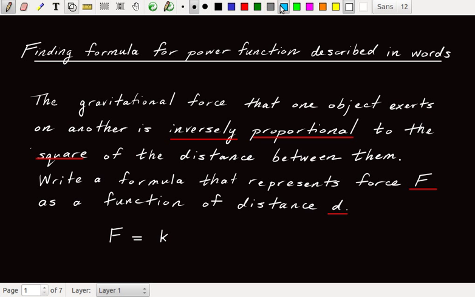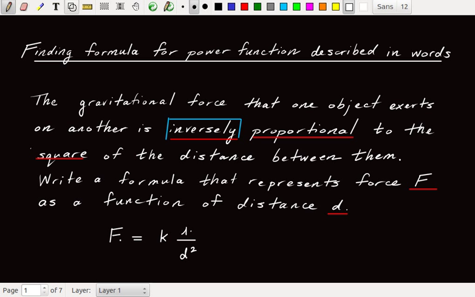But the key thing here is that we're using inversely proportional. So it's not simply the square of the distance, it's the multiplicative inverse of that. So it's 1 over d squared. The inverse refers to the fact that we do 1 over the distance d, squared.